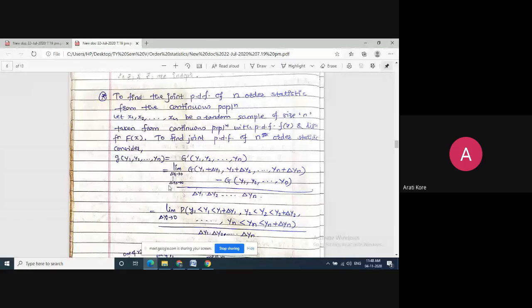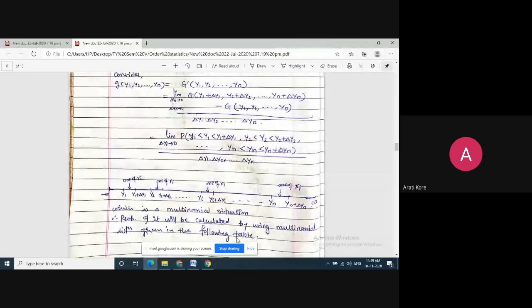So just like limit h tends to 0, f of x plus h minus f of x divided by h, right? Now this step also we did earlier. So what can I write for this? Limit delta yi tends to 0, for each i, right? If you remember from the earlier step, this is nothing but P of y1 lies between the first interval, y2 lies between the second interval, so on, yn lies between the last interval, divided by delta y1, delta y2, up to delta yn.